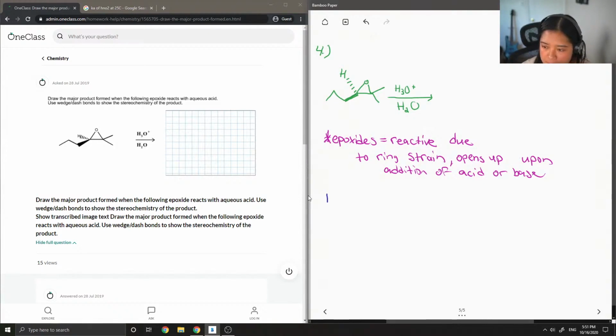So I'll just write this as an R group. It's my epoxide. And then you can write the H3O plus kind of like this.